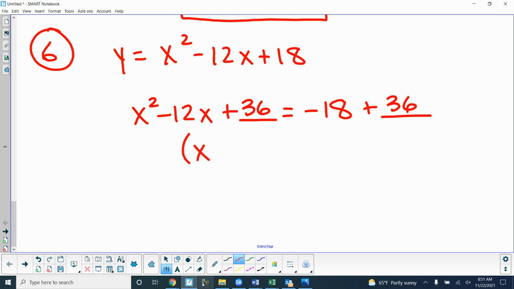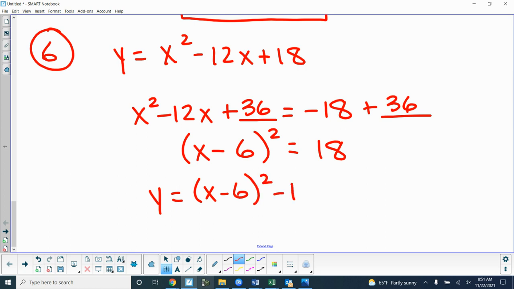Square root of x squared, minus in front of the 12. Square root of 36 is 6 squared. And negative 18 plus 36 is 18. So again, we don't have to square root here. We just bring the 18 back across with the x minus 6. So it's y equals x minus 6 squared, and then we're going to subtract the 18 to bring it back.